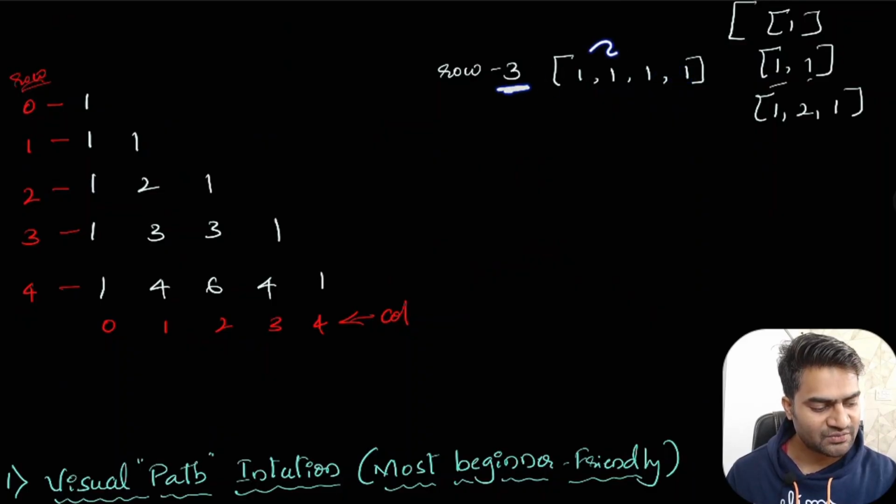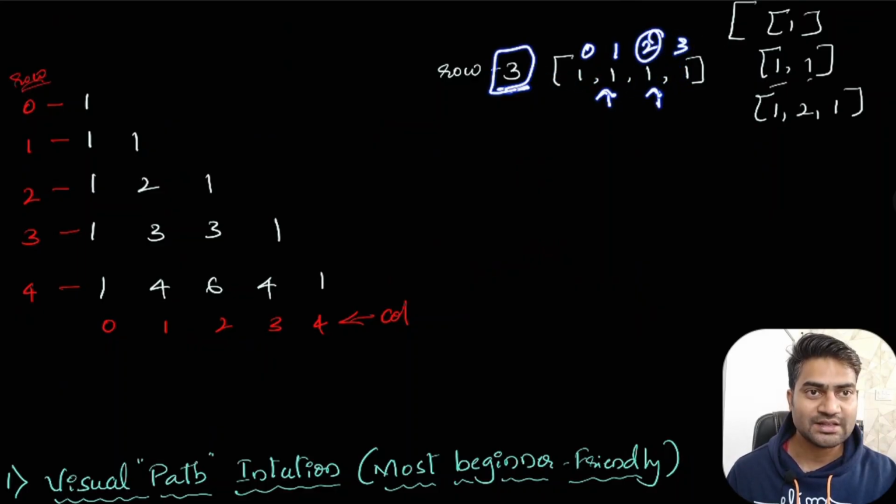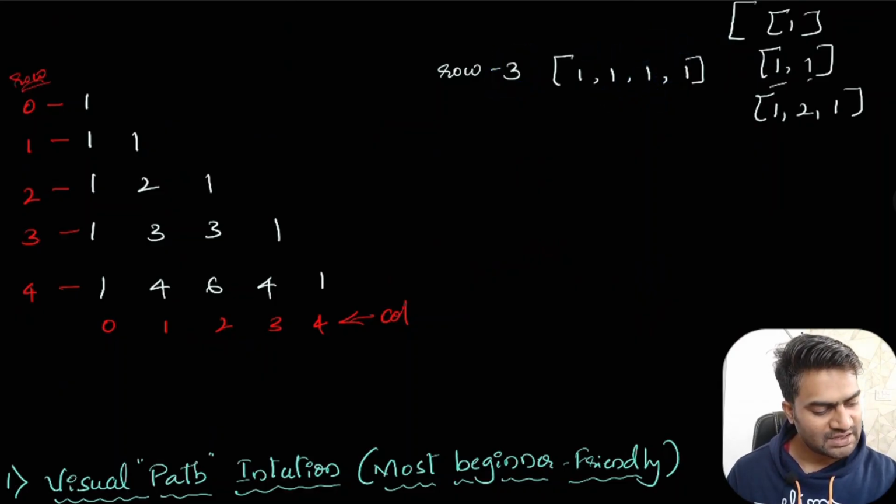Basically, if you consider 0, 1, 2, 3, I'll start from 1 and iterate until one value less than this particular 3. That's how I iterate and get the values. For this value, I will refer to this and this, sum it up and replace. Then for the next value, I will refer to this value and this value and update this.